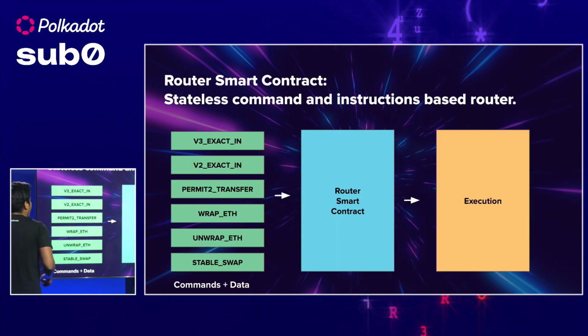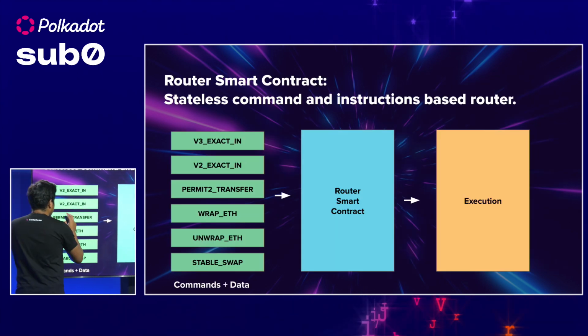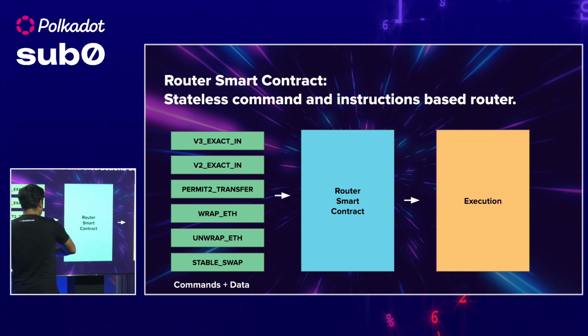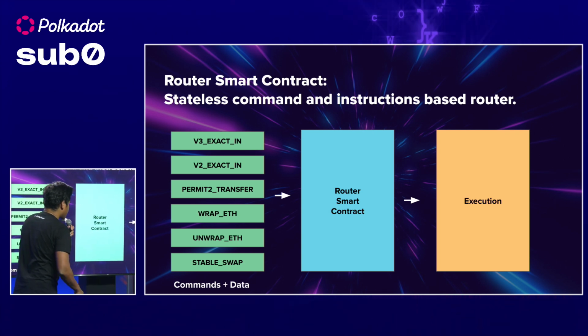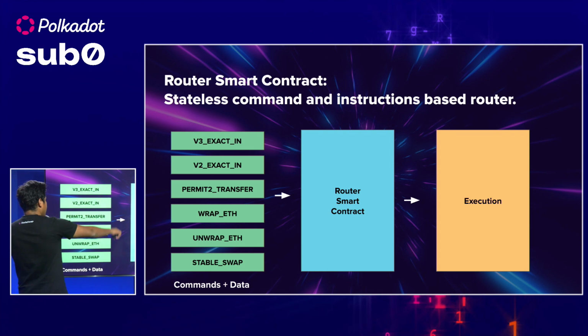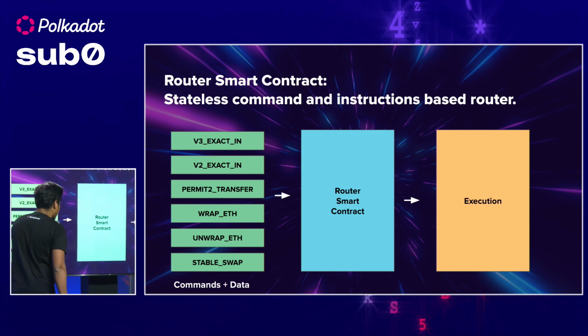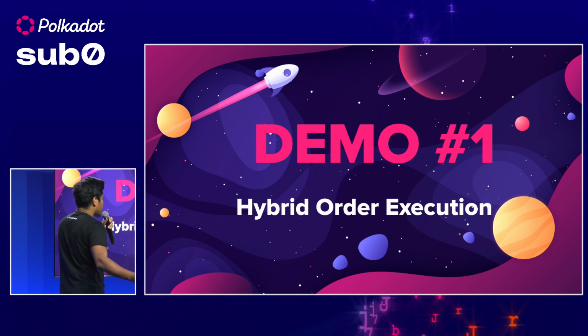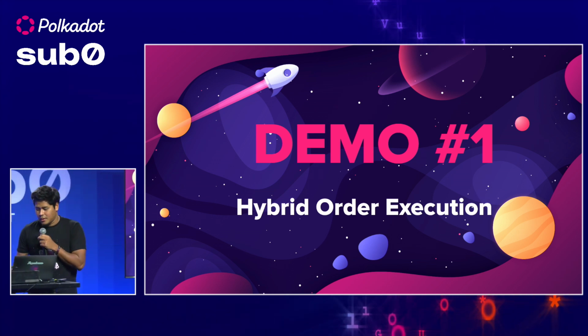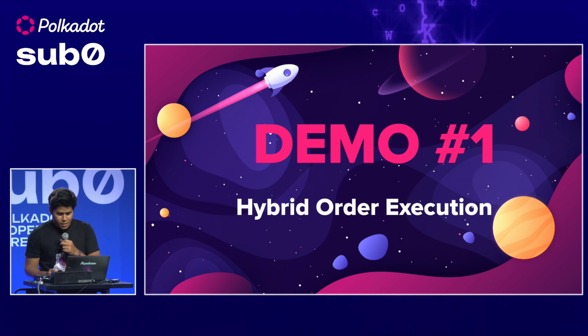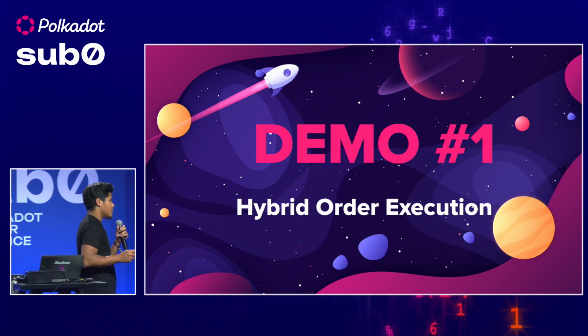And then once all these commands are captured by the smart contract, it's executed based on the routing instructions, right?